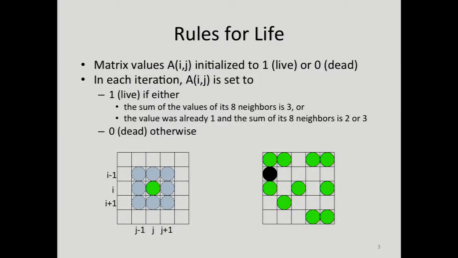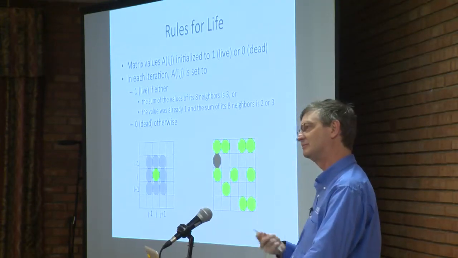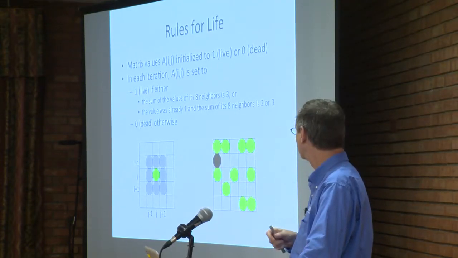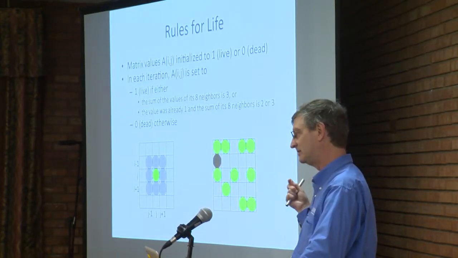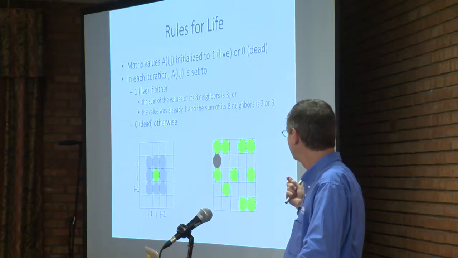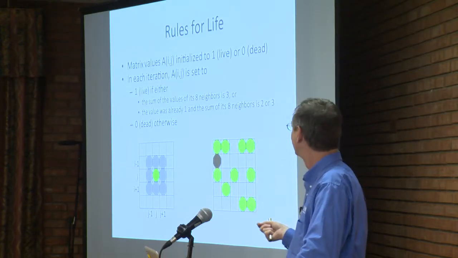The rules are also really simple. We have a nice regular mesh. Each cell is either alive or dead. We give it the value of 1 if it's alive, 0 if it's dead. And at the end of a generation, a cell is alive if it has exactly 3 neighbors, or it was already alive and it has either 2 or 3 neighbors.